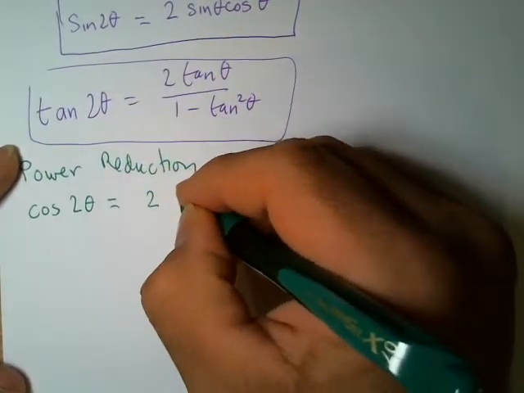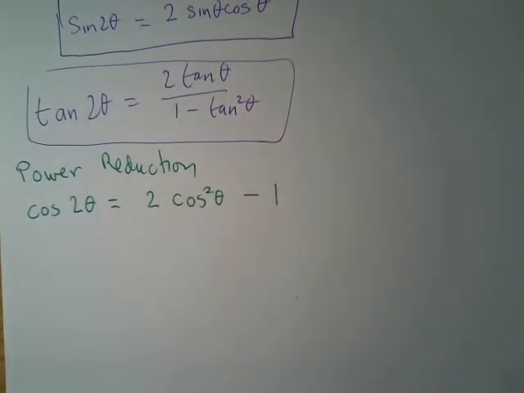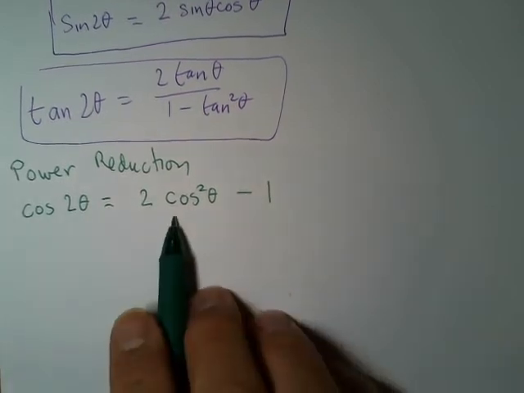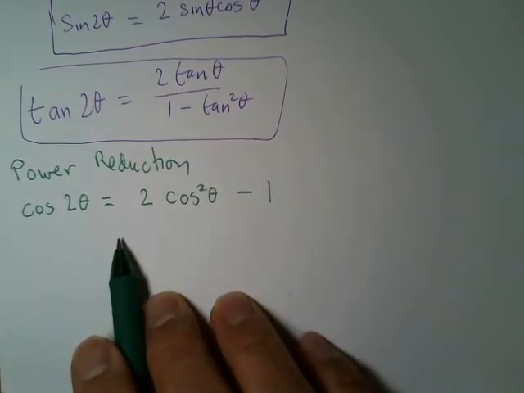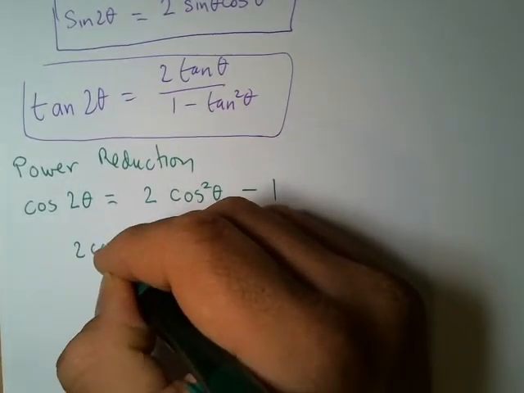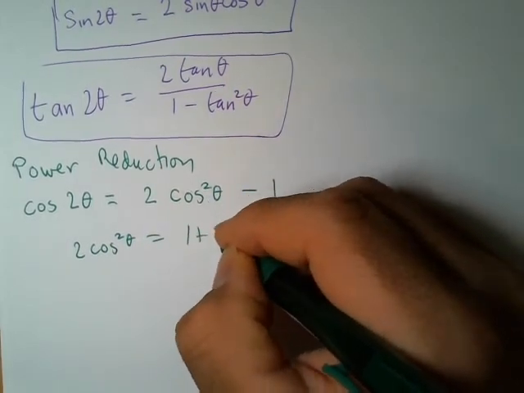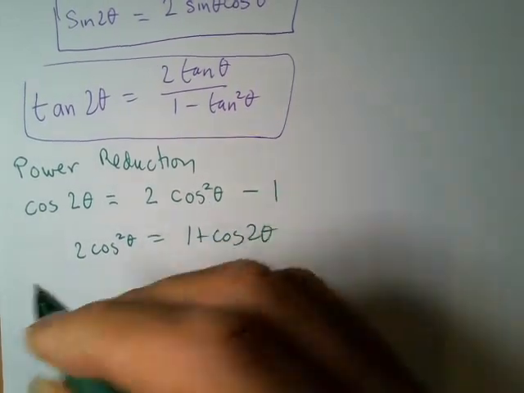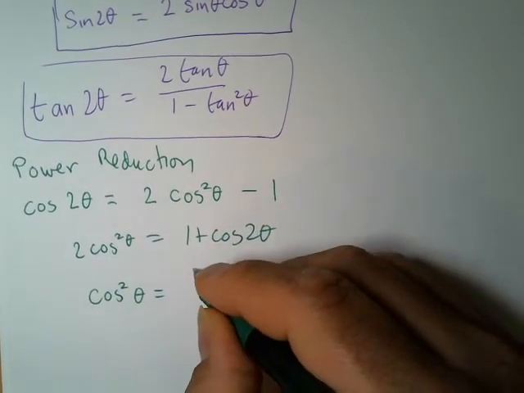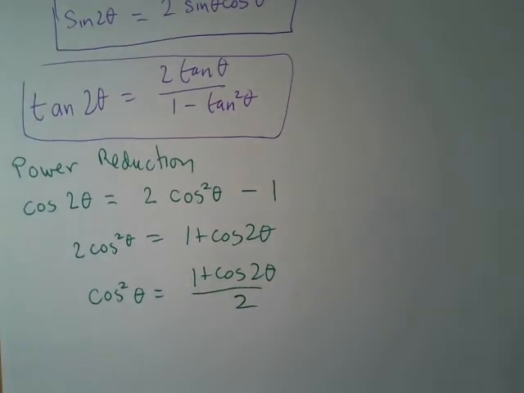Thinking of our double angle formula, all we're really going to do here is solve for cosine squared. If I solve for cosine squared, I get 2 cosine squared theta equals 1 plus cosine of 2 theta, and then divide by 2. And we get that.